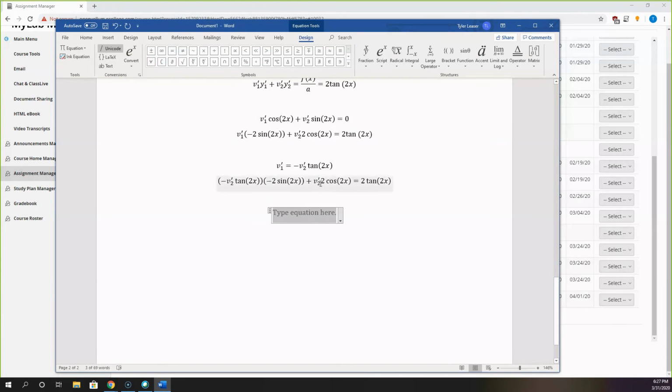And then I have this v2 prime that I'm going to factor out of both of these terms. So we have the v2 prime, and we're going to factor that out. We have 2 tangent 2x sine 2x for that first term there, and then plus a 2 cosine 2x for the second term there. Still all equal to tangent 2x.